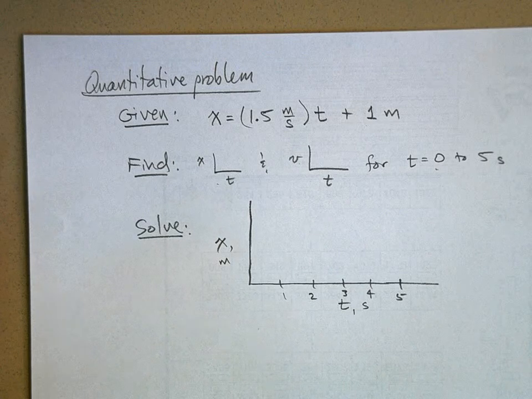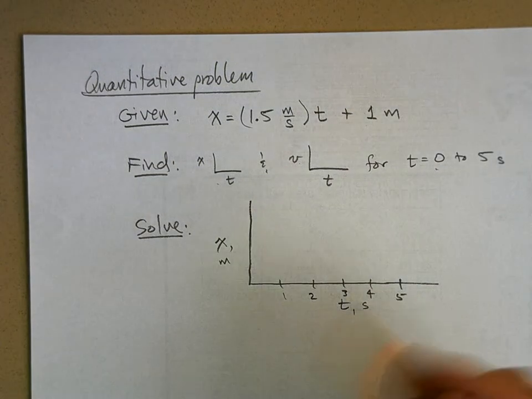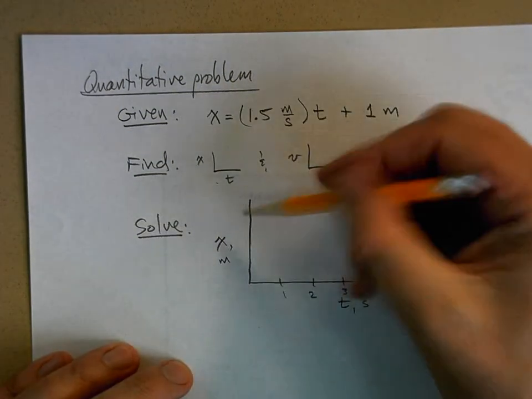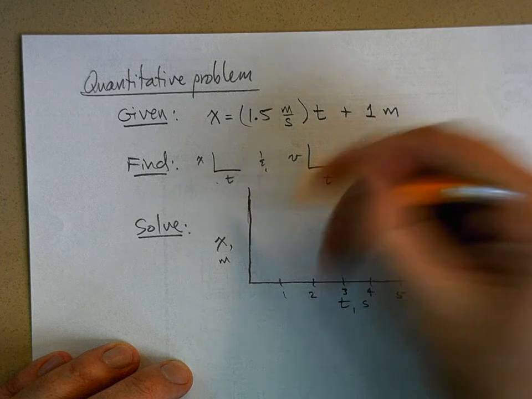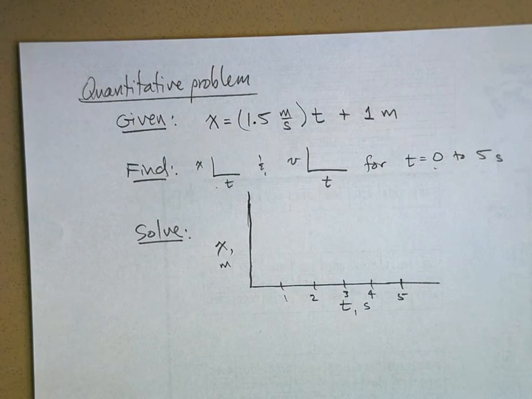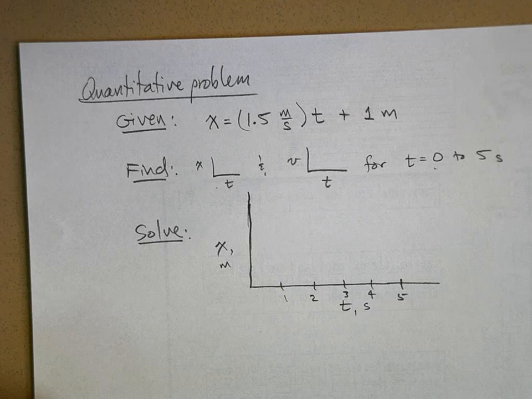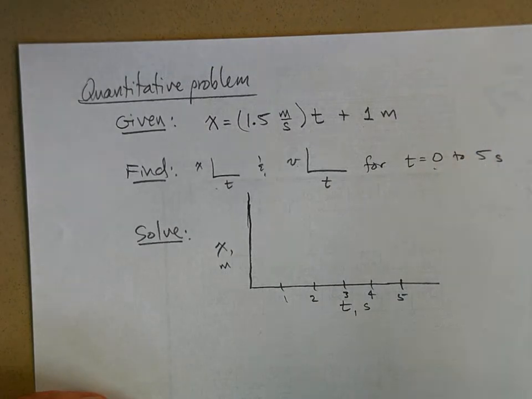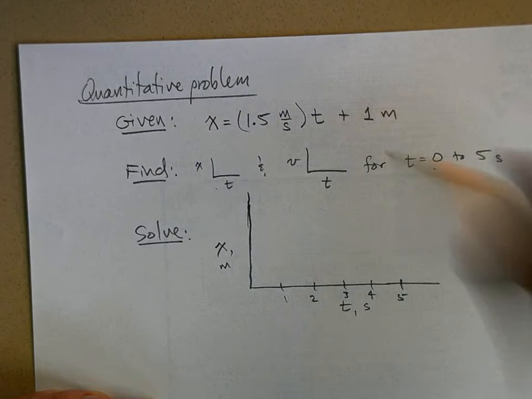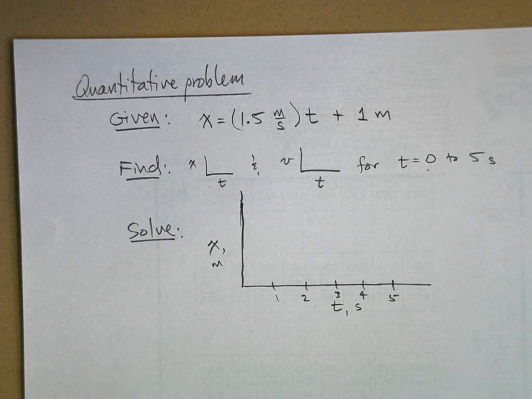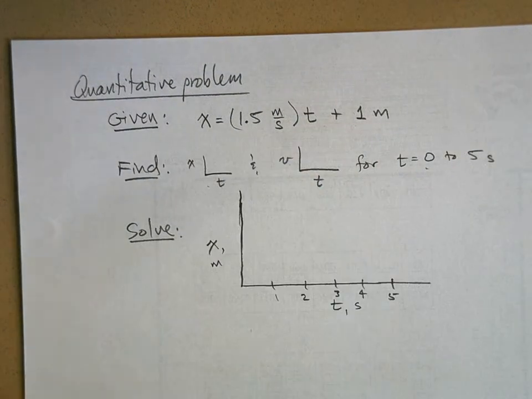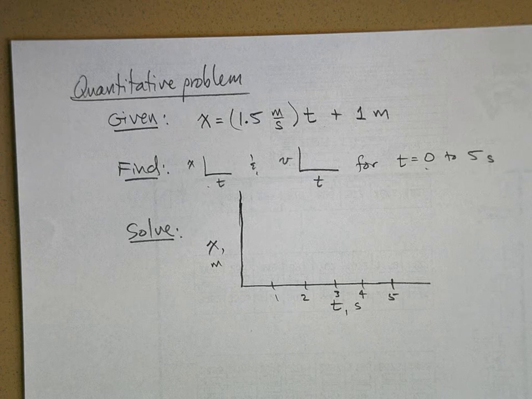And then I want to scale the vertical axis. Well, what do I know? What's the biggest position I'm going to get? We'll take my maximum time and plug it in, see what I get. Well, what's 5 times 1.5? 7.5. You can get a calculator if you don't believe it.